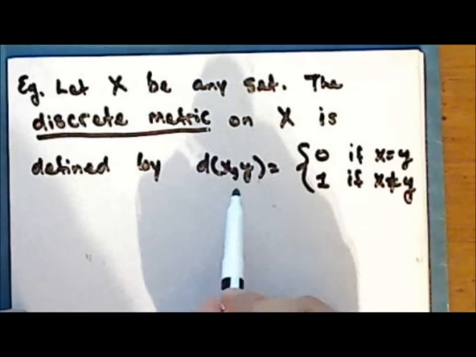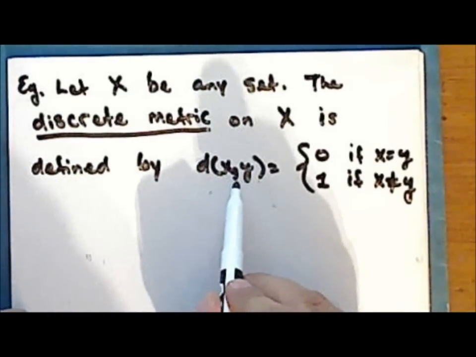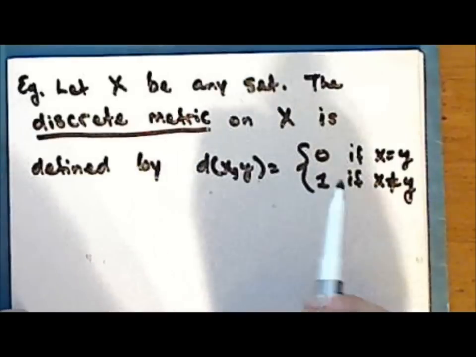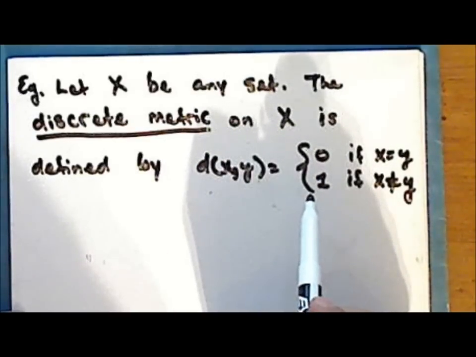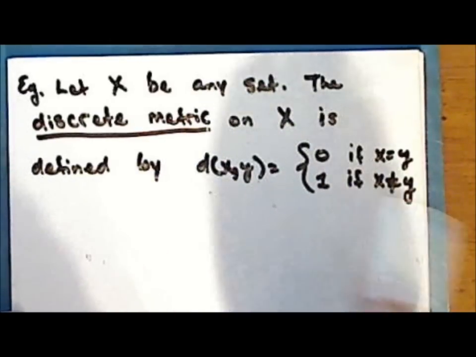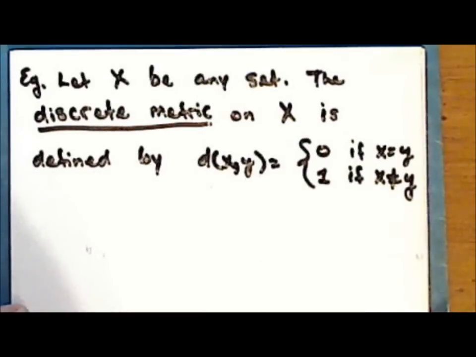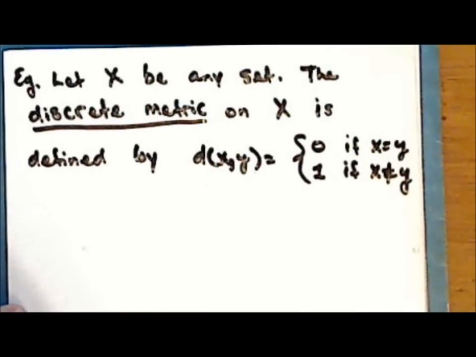Now, this is a function mapping two points in the underlying set into non-negative real values, so it is a candidate for a metric. To show that it is a metric, we'll show that it satisfies the three properties of non-degeneracy, symmetry, and the triangle inequality. The first two are trivial.